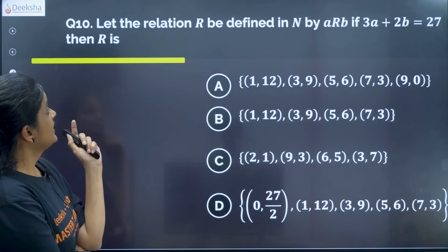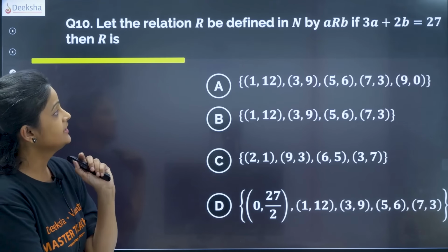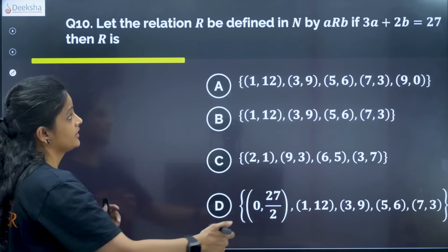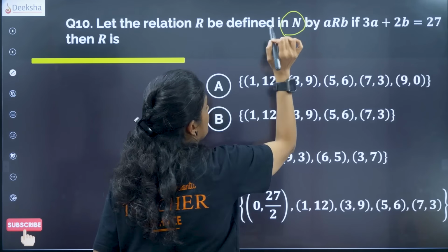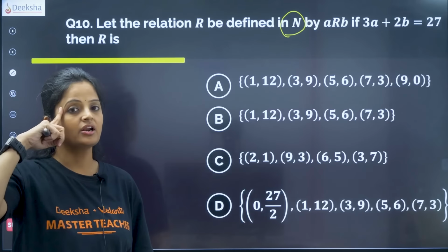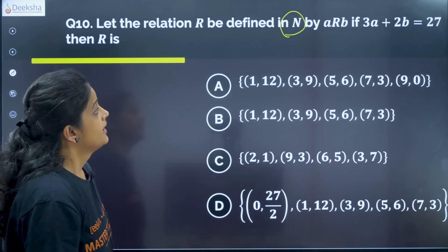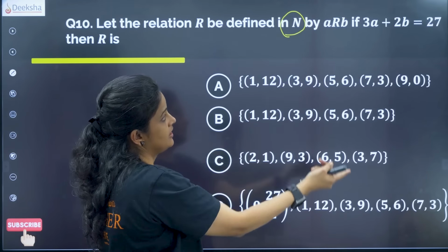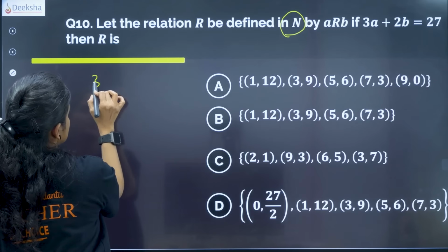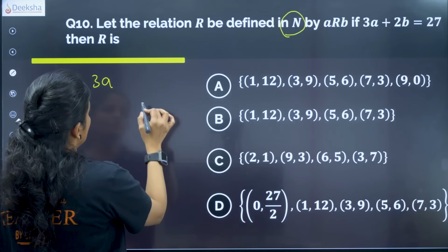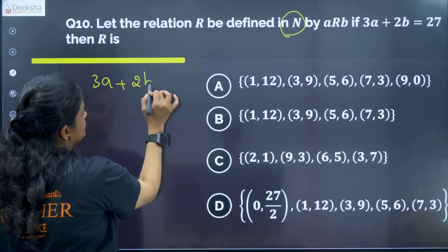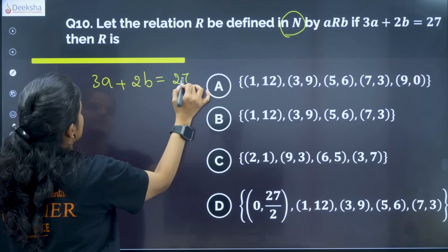See, let the relation R be defined in N. These sets are very important, so keep that in mind. We are doing this for natural numbers. By R, a relation b, and the relation is given like 3a plus 2b equal to 27.